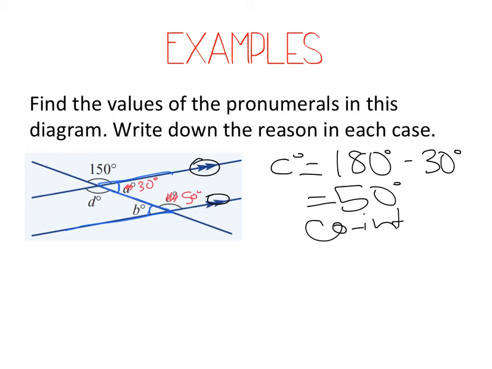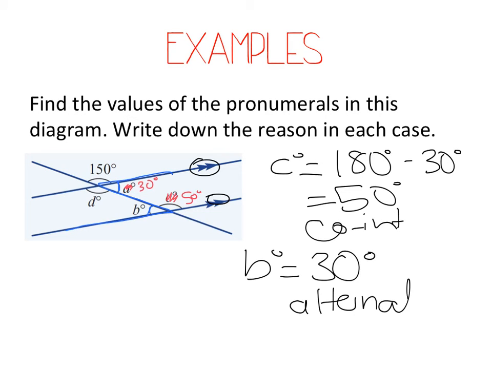But I can also look in here and say, well, B is actually alternate to A as well. So B, I'm going to use alternate just because it's something different. B is 30 degrees, and the reason why is alternate angles are equal. Okay, now D, a few options there.